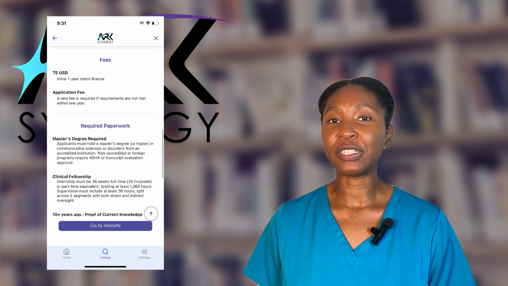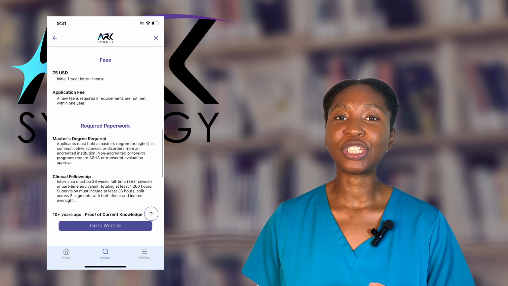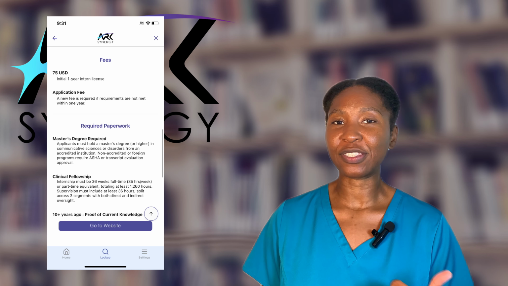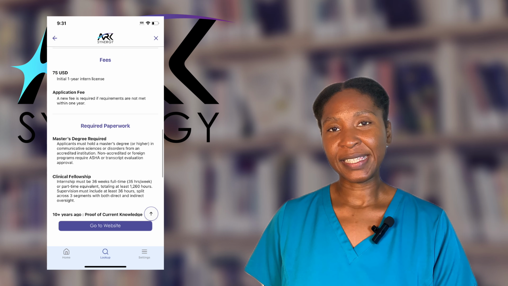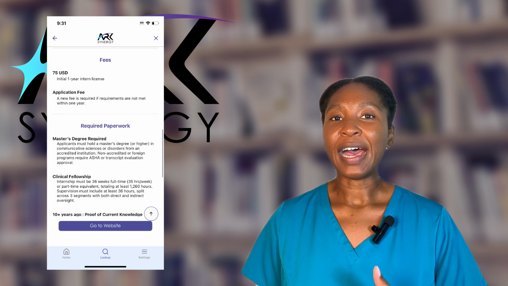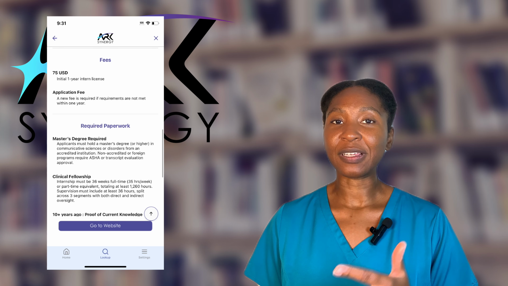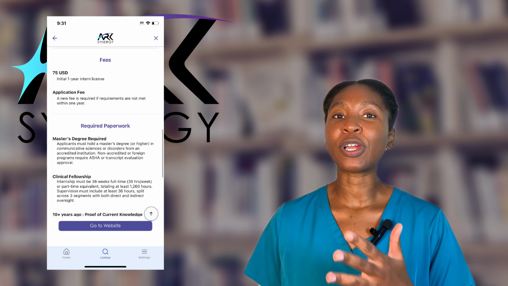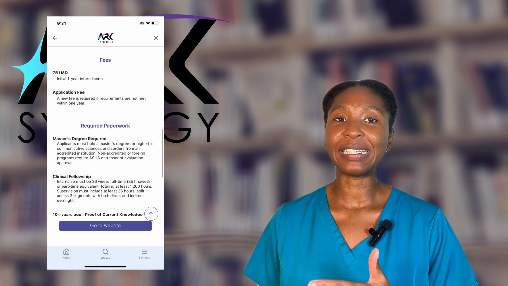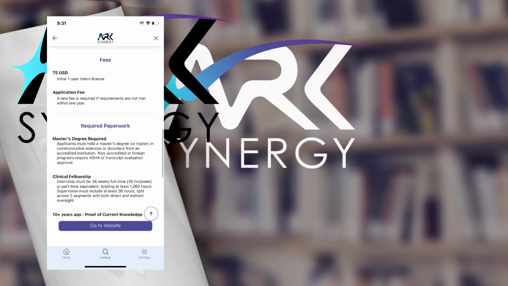So this may include recent continuing education, current state licensure, ASHA certification, or a Praxis exam score. Applicants whose degree was earned within the last 10 years must submit an official transcript or completed coursework and clinical experience form.